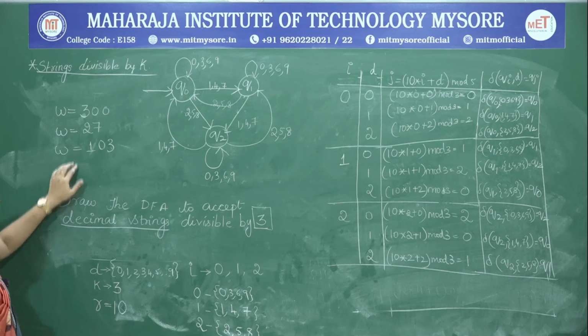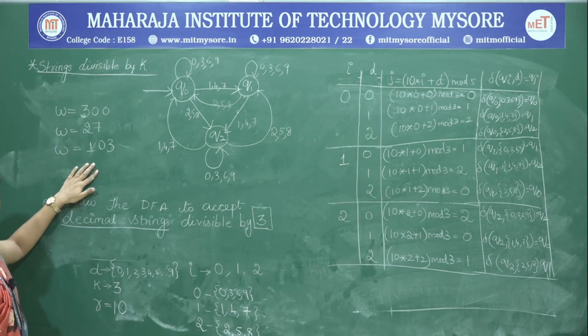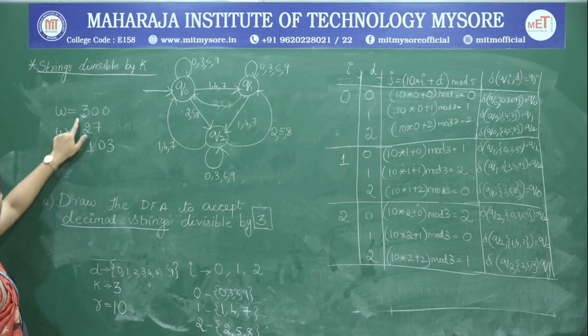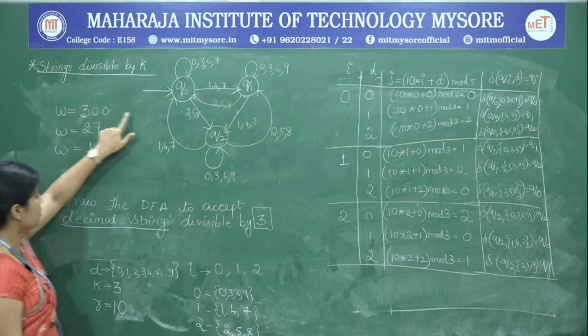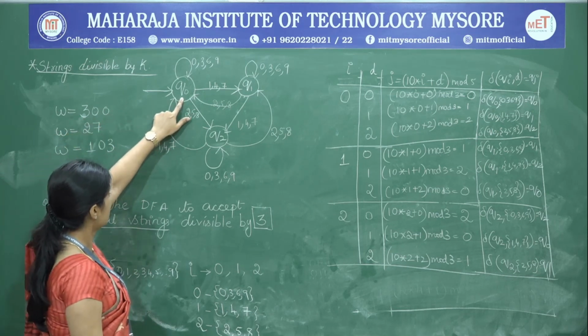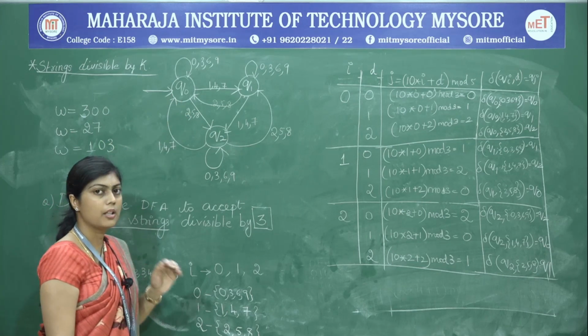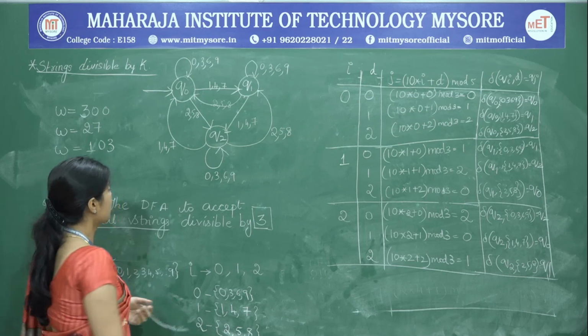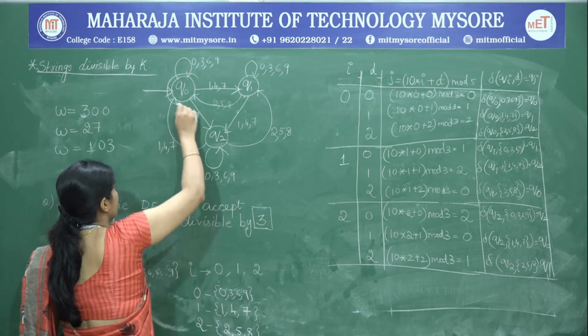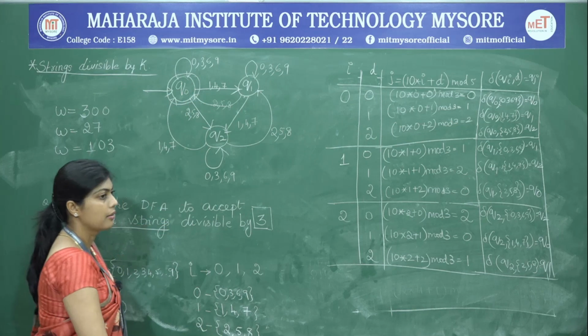So we have these strings here. We will see which of these are accepted and which are rejected. First we have 300. We start at q0. Before we do this, we have to determine the final state, and we are interested in 0 modulo 3. Therefore q0 is going to be the final state.